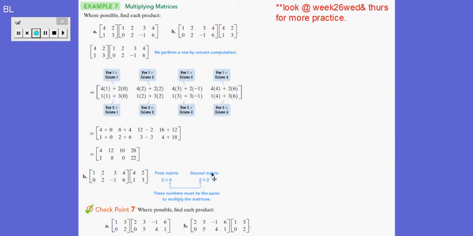Let me do A right here. For A, you can see that we're going to basically use this row with this column, and that gives us the top left.